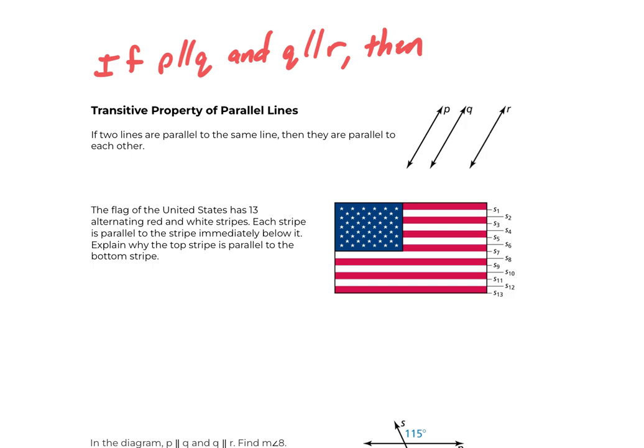They're parallel to each other. So really what we're saying is that all three lines are parallel, right? We're using the transitive property, but with parallel lines. Instead of congruency, it's parallel lines.